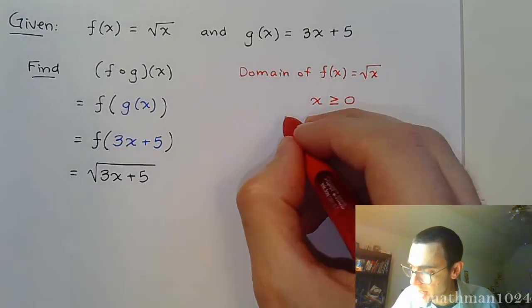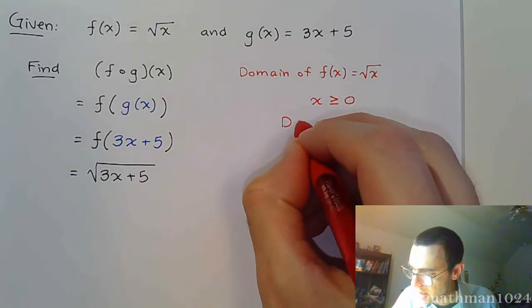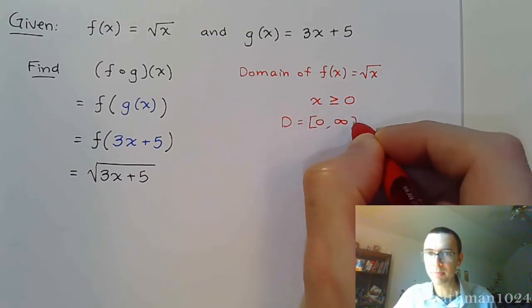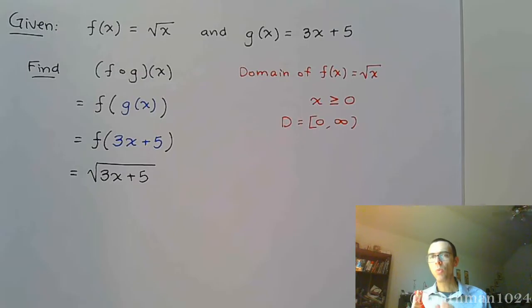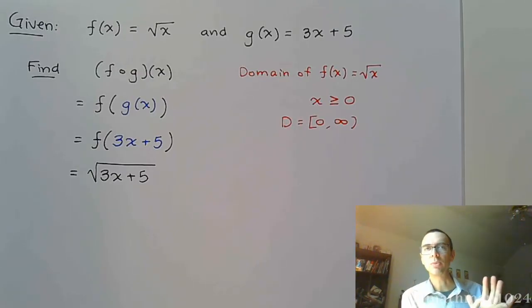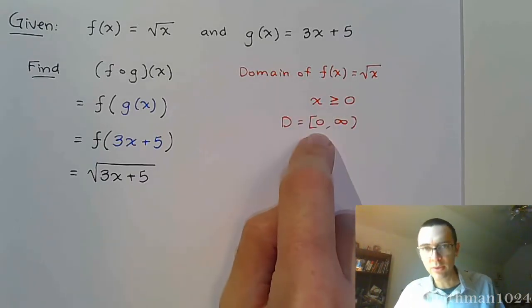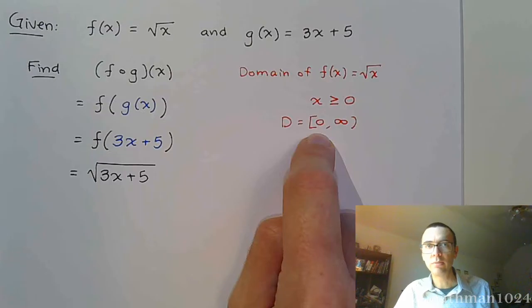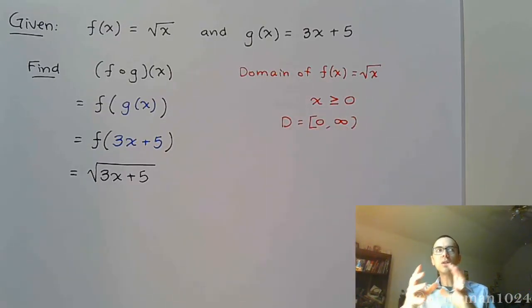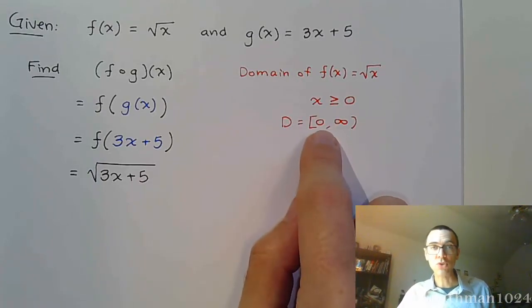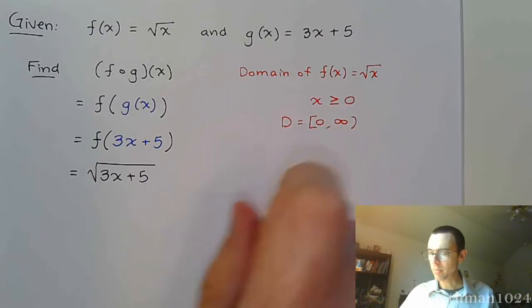So that's already solved for x, which means our domain is going to be bracket 0 to infinity. And what that means is that if I take that square root function and plug it into something else, it is going to be carrying along this limitation on the domain. It doesn't matter what ends up getting done to the square root function later on. If you plug it into something else, its original domain and the restrictions must carry along with that.